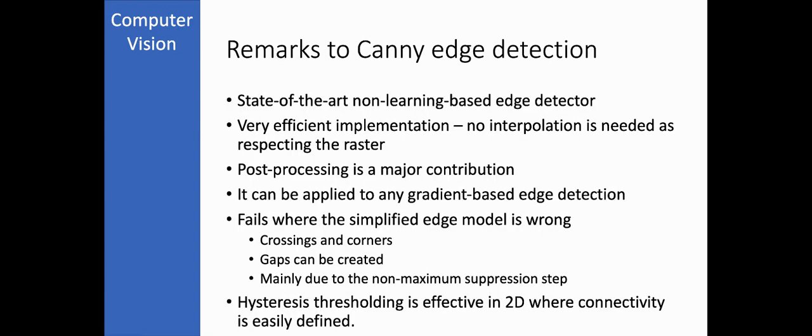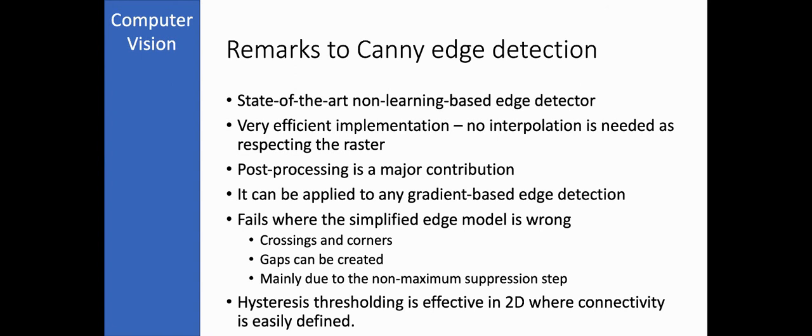Some remarks on the Canny edge detector. It is a state-of-the-art, non-learning based edge detector even today. It's a very efficient implementation, and if you stick to the faithful implementation we discussed, then you don't even need any interpolation. If you want to be able to detect edges in any direction, then you need to interpolate the image in different directions, particularly for doing the non-maximum suppression.